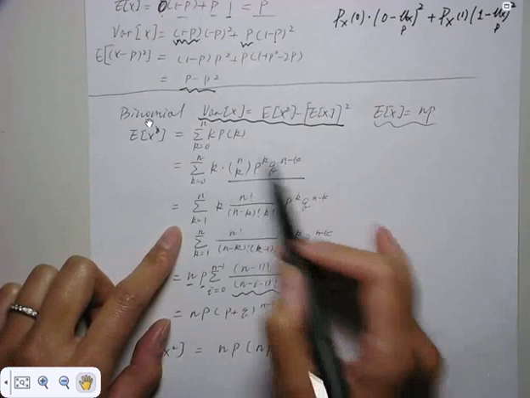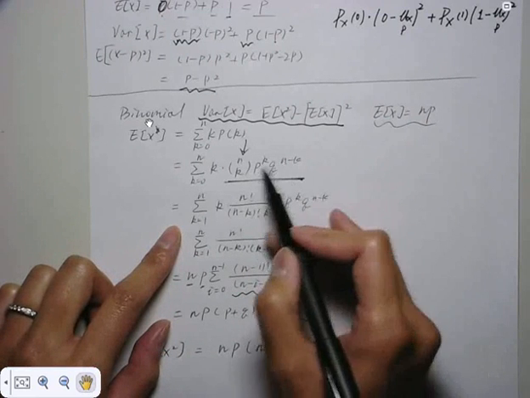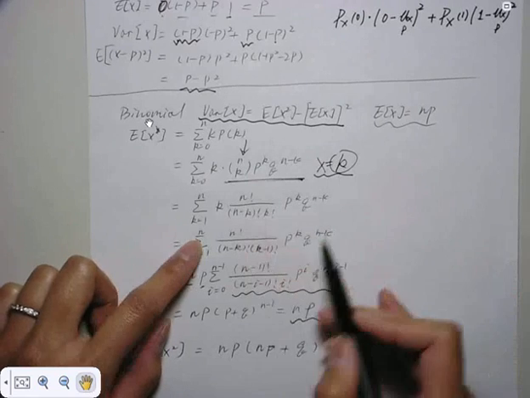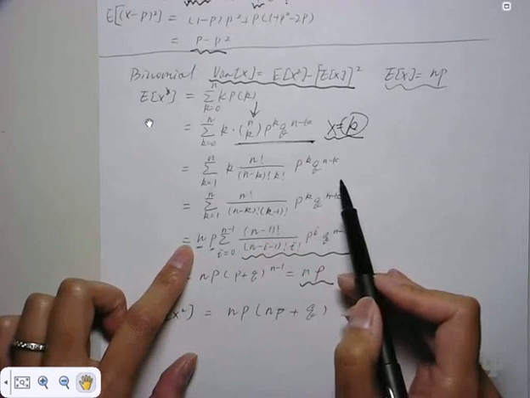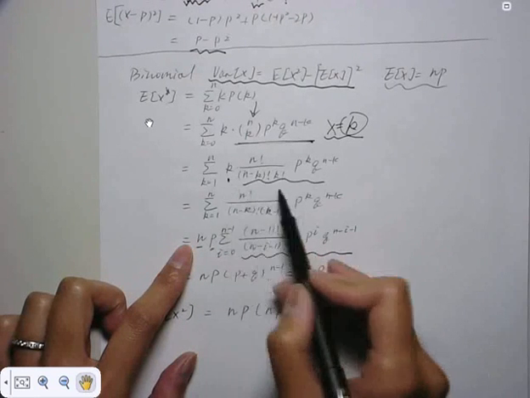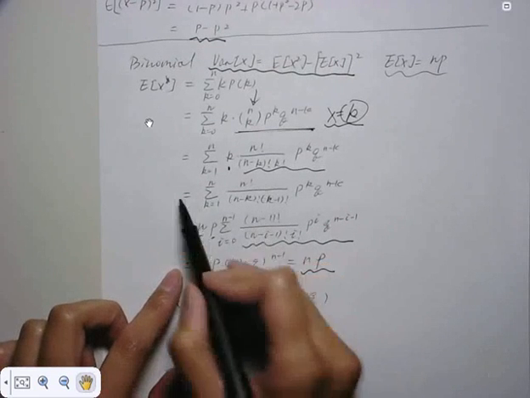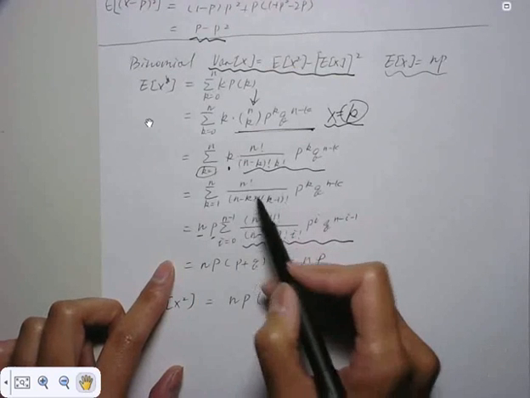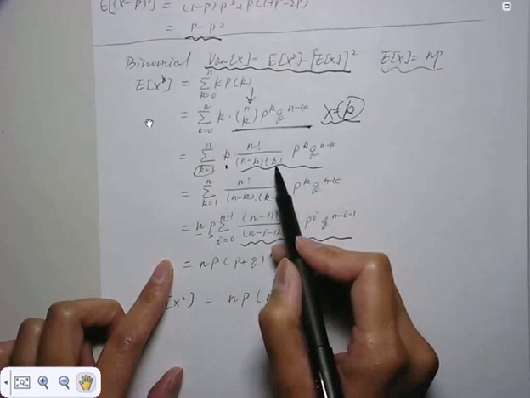So you just substitute the probability of each sample value k, and then you sum up over all the possible values, each k times its probability. With k from 1 to n, I can cancel this k with the k factorial.